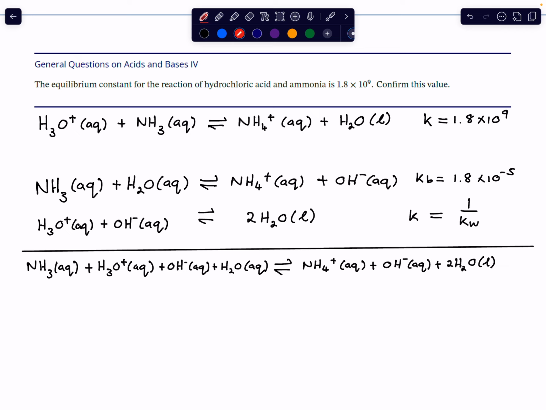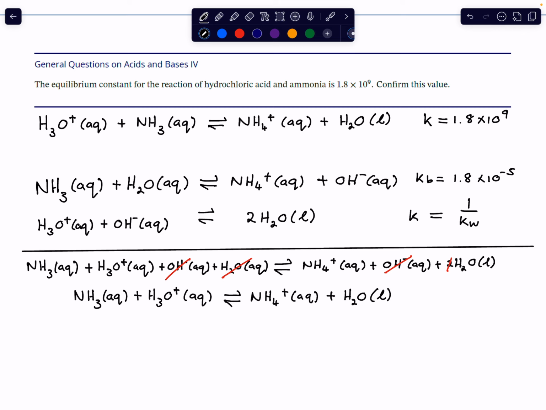And then comparing what's on the left hand side and the right hand side, we see there's an OH minus on each side, and there's 1 water, and we can take off 1 water there. So that means we are left with NH3 plus H3O plus in equilibrium with NH4 plus aqueous plus 1 water.